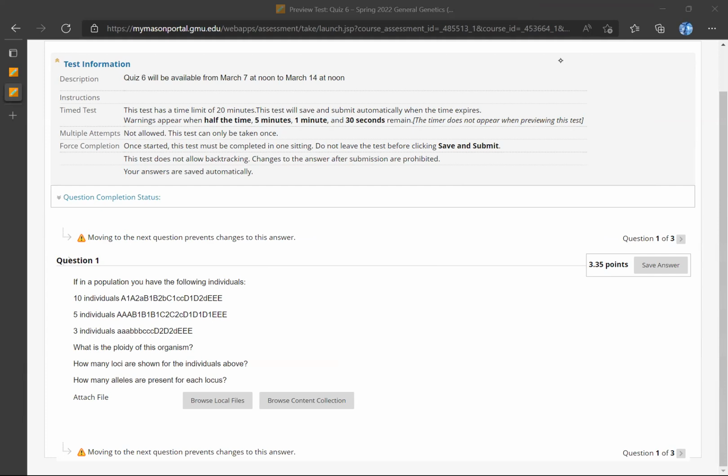So because we see 1, 2, 3 A's in a single individual, the ploidy is kind of like in humans, you have diploid, because let's say at this A locus, a human has 1, 2 alleles that represent the A gene at the A locus.